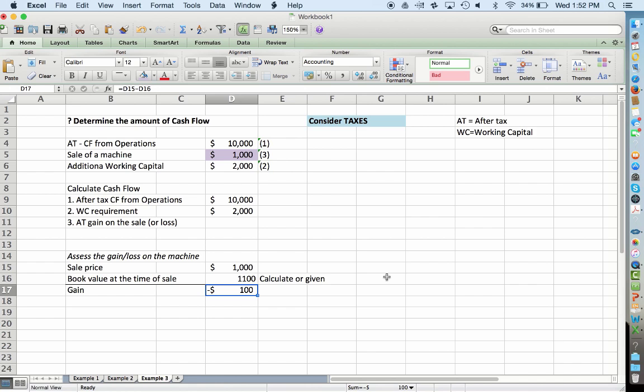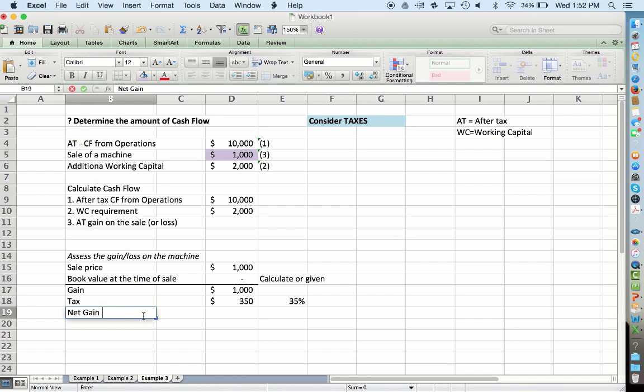It matters because gains are taxed. And if we assume this company's tax rate is 35%, we would take that gain, multiply it times 35%, and what that means is $350 is going to go to Uncle Sam, and the amount of cash that's actually going to go into our pocket is $650.